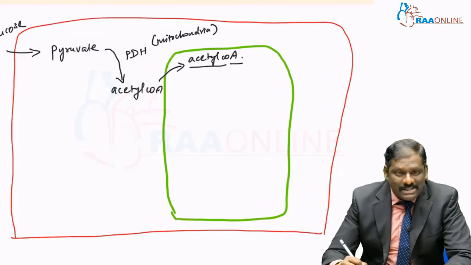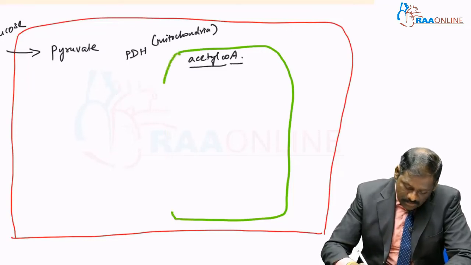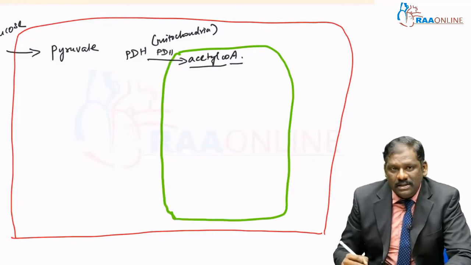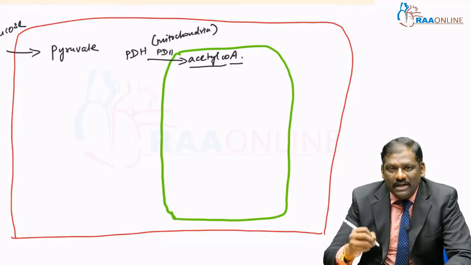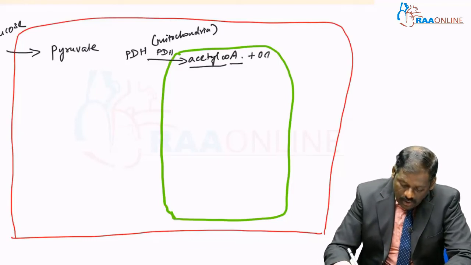I will just redraw the mitochondrial structure here. With the help of pyruvate dehydrogenase complex, you convert that into acetyl coenzyme A. Acetyl coenzyme A combines with oxaloacetate to form citrate.